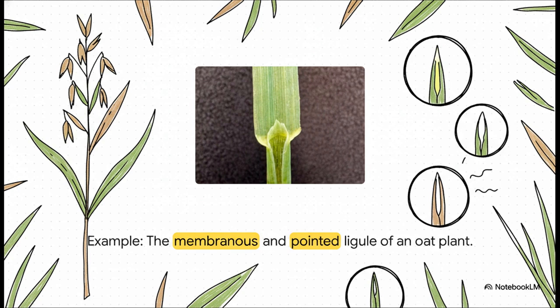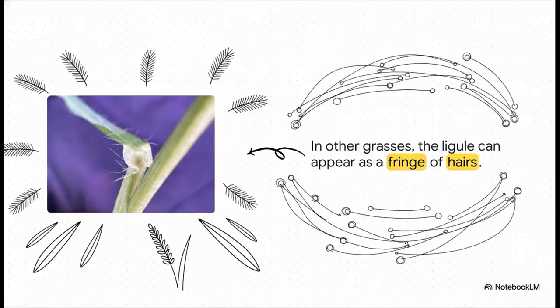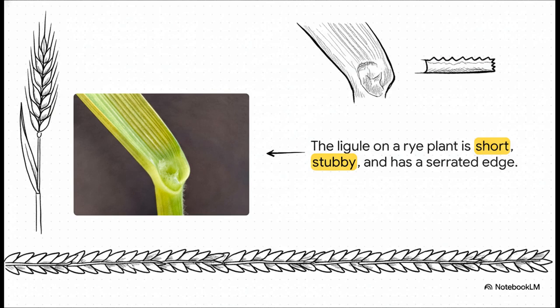It's super delicate and really distinct. But then, in other grasses, the ligule isn't a membrane at all. Instead, it's just this little fringe of tiny hairs, a totally different kind of clue. And look at this one, on a rye plant. The ligule here is short, it's stubby, and it's got this jagged, serrated edge. See? Another completely unique signature.